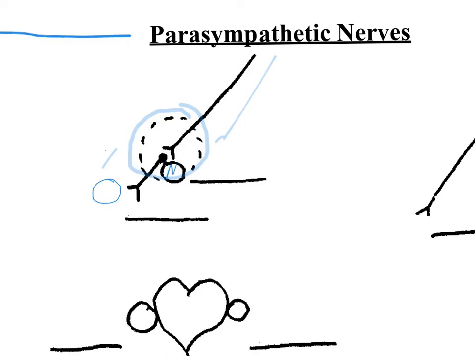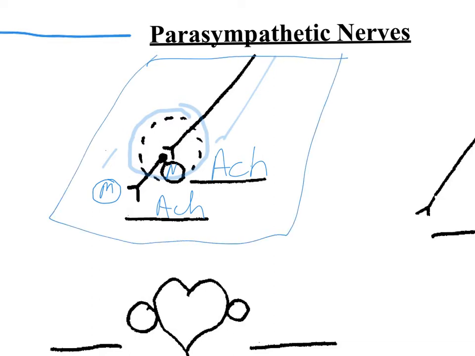We have nicotinic receptors, and because it's parasympathetic, our neurotransmitter is always acetylcholine. Then at the level of the organ, for most things, we have muscarinic receptors, and we still use acetylcholine. Okay? This is the standard.